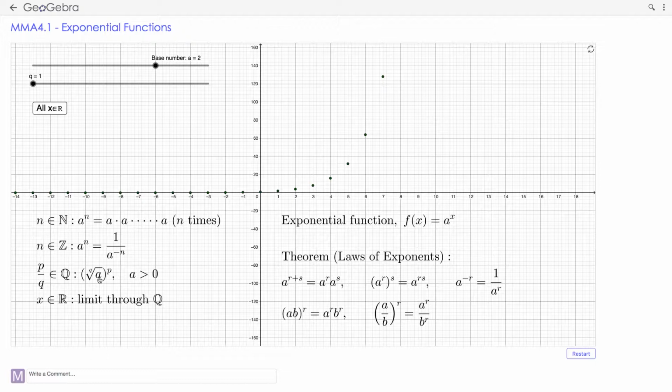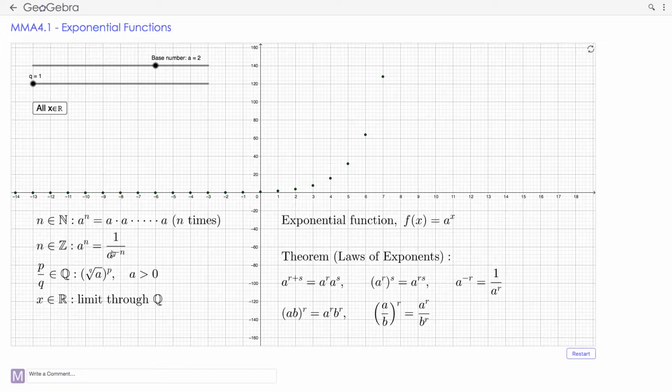That's the qth root. So the normal square root is q equals 2. What is the square root of some number? It's the positive number that multiplied by itself gives what you wanted to take the root of. So this is well defined, and then you just put that to the power p.